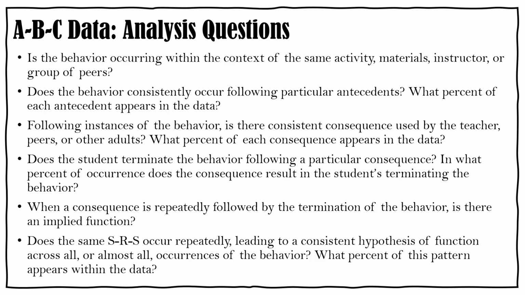And that can give you a way to quantify your data and really figure out what's your typical antecedent and what's your typical consequence. You can look at that and you can hypothesize a function of the behavior.